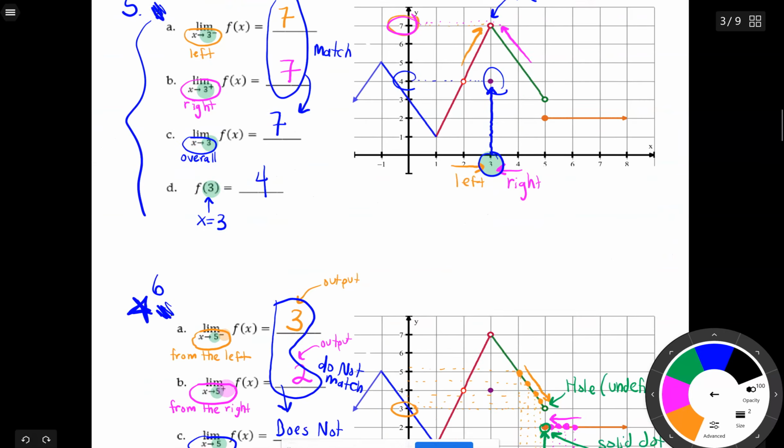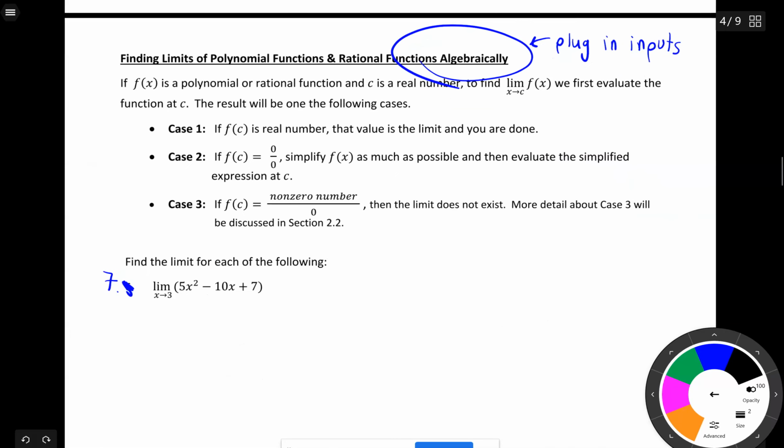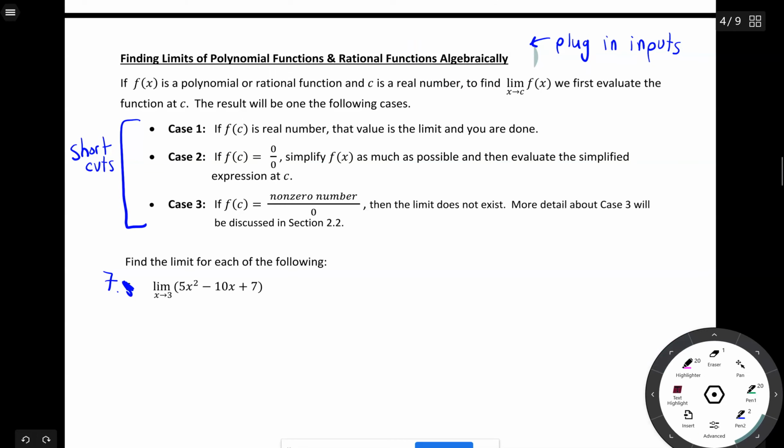So let me pop up here. Okay, so here are the shortcuts. Think of these cases as shortcuts that are going to help us think about this algebraically. It says if f is a polynomial or rational function. So this only works for polynomials or rationals.